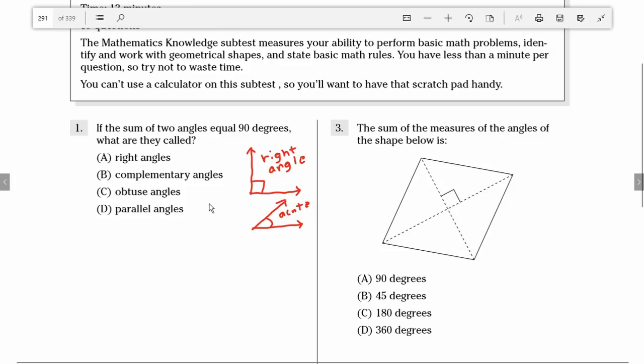If you have an angle that's greater than 90 degrees, that's called an obtuse angle. Okay, so those are 3 different angle types.